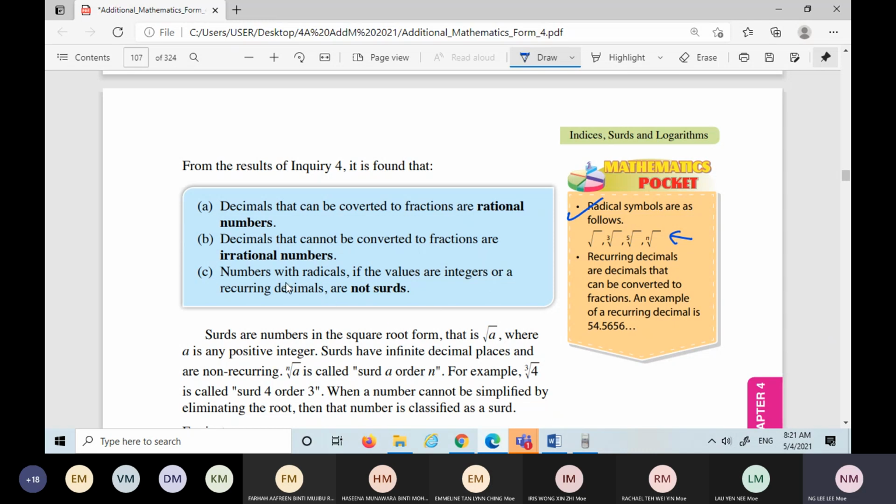Sorry, this one is like the example just now what you did. You have the cube root of 8. All this you can solve, and then you get an integer, like in this example you get 2. Or you get a recurring decimal, then definitely it is not a surd, and this is a rational number.